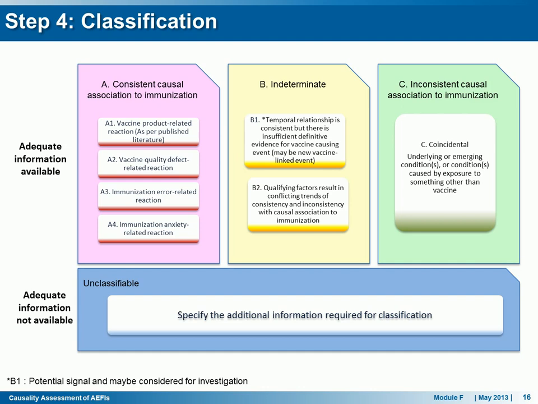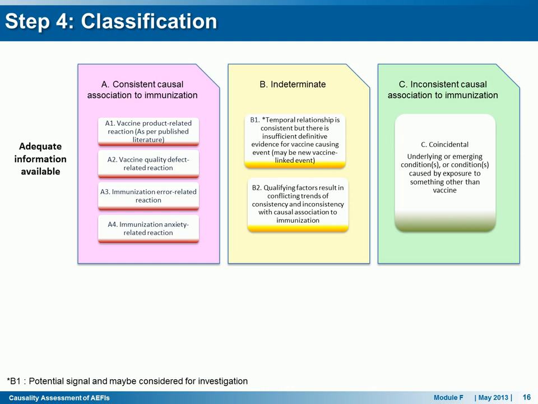If we do not have sufficient information, straight away we would say the case is unclassifiable. We would also specify exactly what additional information is required for classification, and we would not waste time proceeding further.